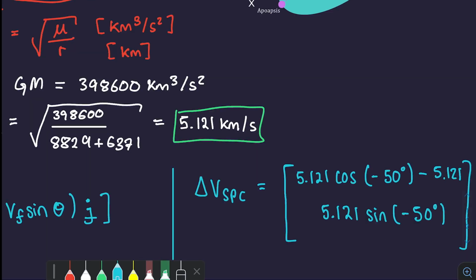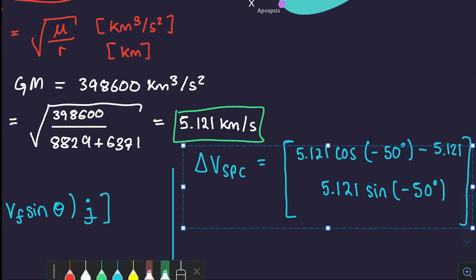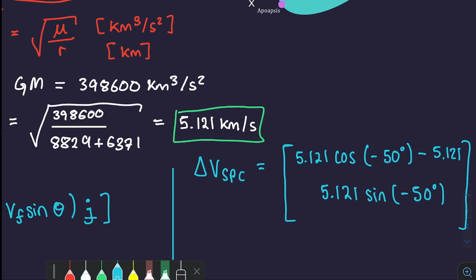And what that gives us is a delta V of minus 1.829 and minus 3.923 in the I and J components, in kilometers per second.